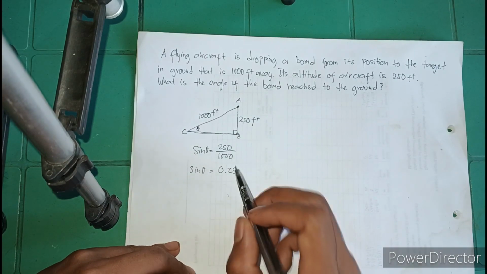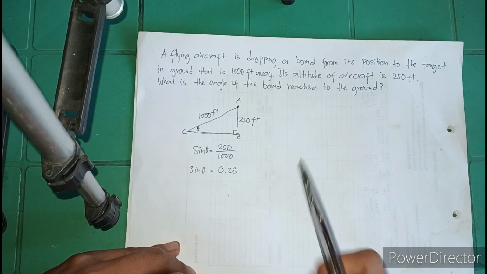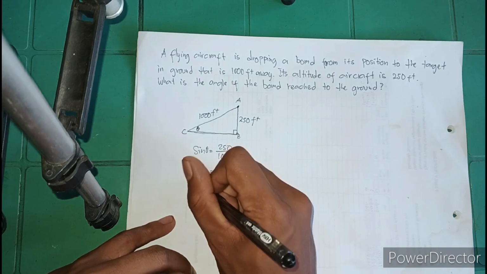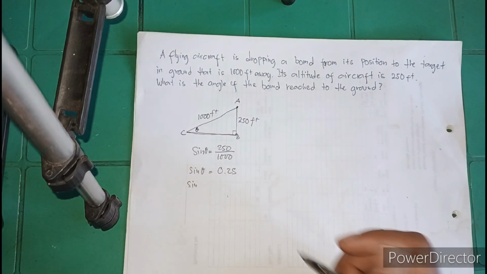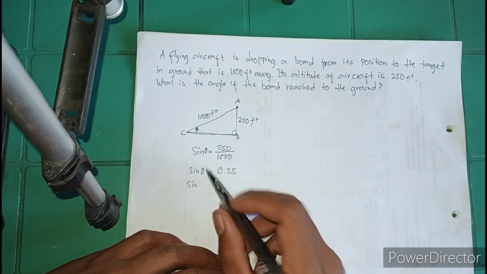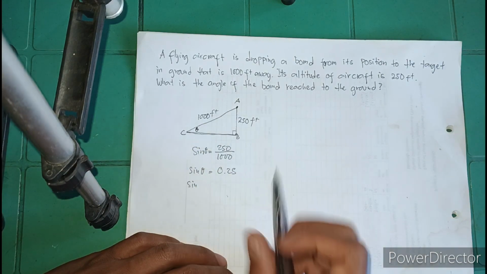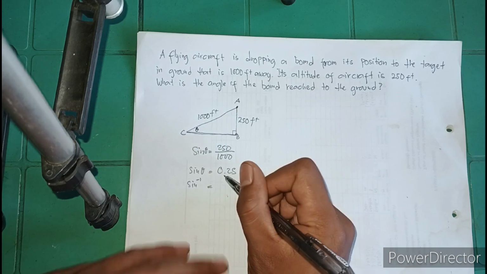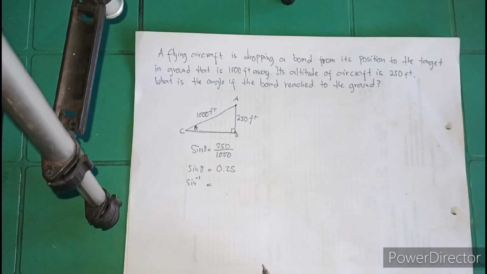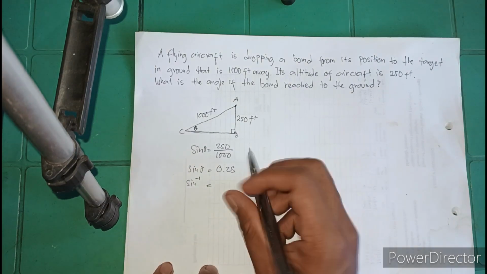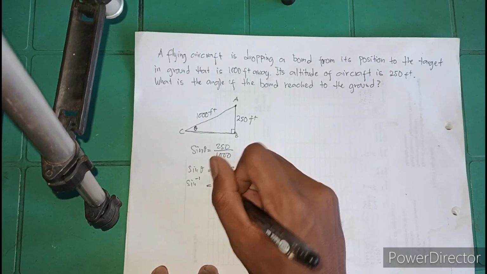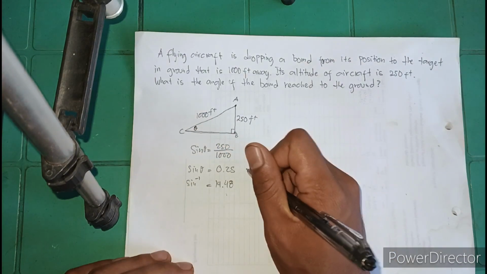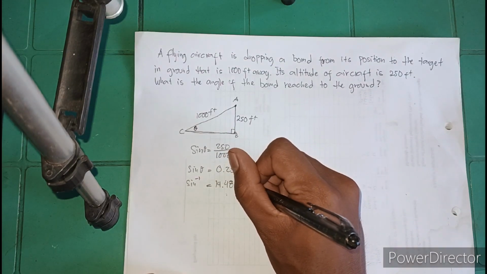Since we are looking for the angle, we will always use the inverse sine. In looking for the angle of this problem, we will use the inverse sine: theta is the inverse sine of 0.25, which is 40.48 degrees.